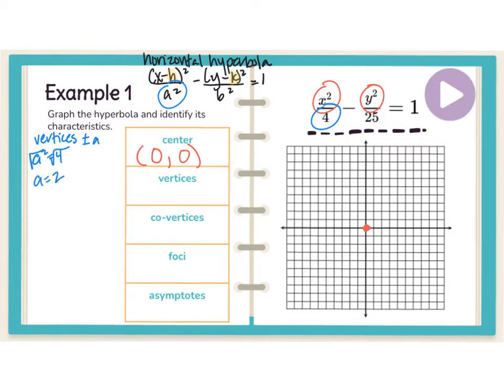So the vertices are going to be plus minus 2 from the center. And this is a horizontal hyperbola, so it has to be to the left and right. And that gives us the points 2, 0 and negative 2, 0.